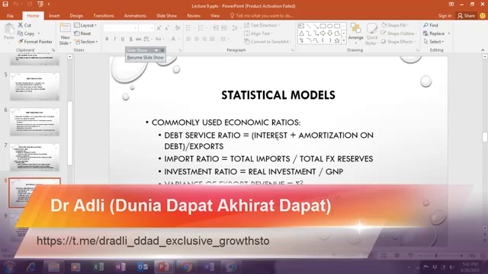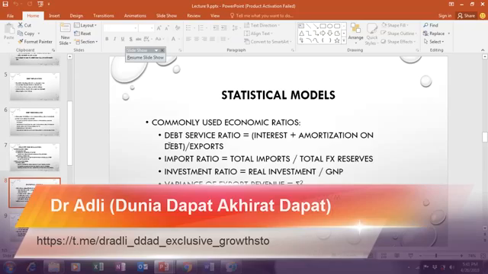Okay, which is interest plus amortization on debt over export. It's a bit different from DSR for an individual. DSR for an individual is you look at your expenses against your income, right?